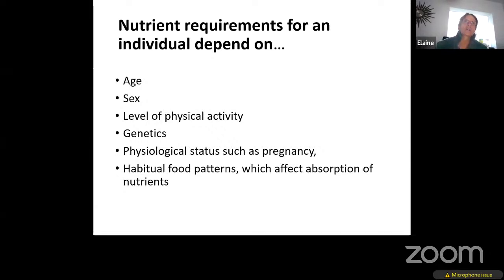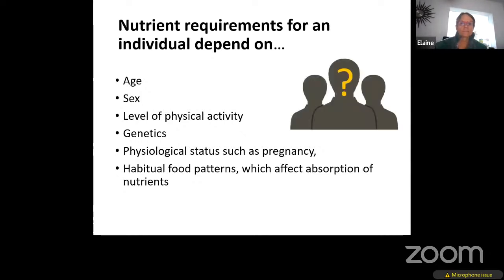So if you've got a diet that's very high in animal source foods, for example, your requirement for iron will be lower because the iron is absorbed better from animal source foods as compared to plant-based foods. But as I keep emphasizing, for the individual, we do not know an individual's requirement. We just know in general what the population requirement distribution looks like, or we estimate it.